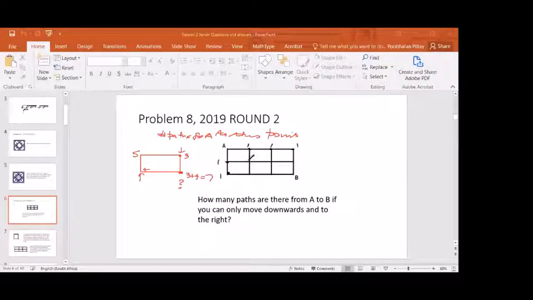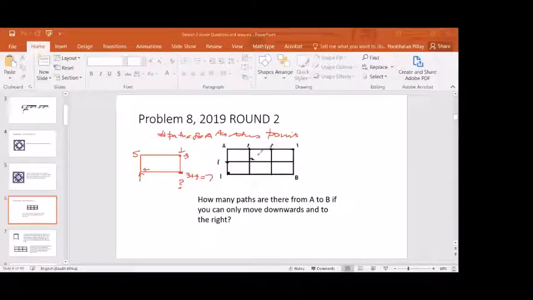Now here you can actually see how many paths there are from A to this point, because one of them is this and the other one is this. So there are two. But in actual fact, I'm going to add 1 plus 1, which is still 2. Because this is what we said here: that plus that gives you this.